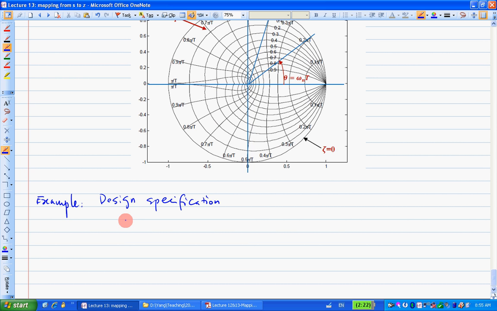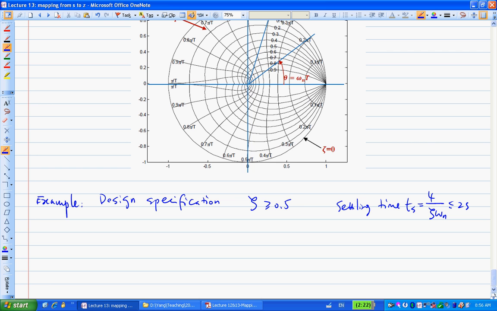The design specification says we want our damping ratio to be greater than 0.5, and we want our settling time Ts equal to 4 over zeta omega n to be less than 2 seconds. So that's the design specification.